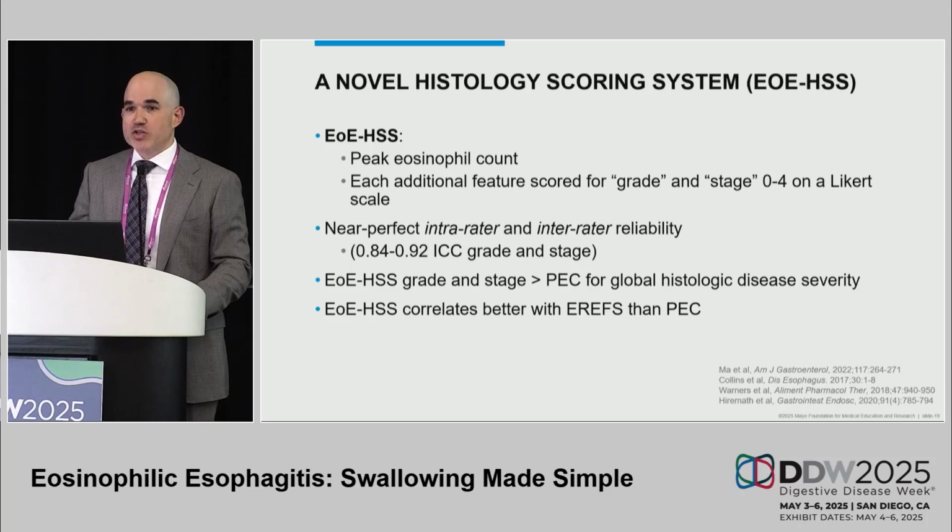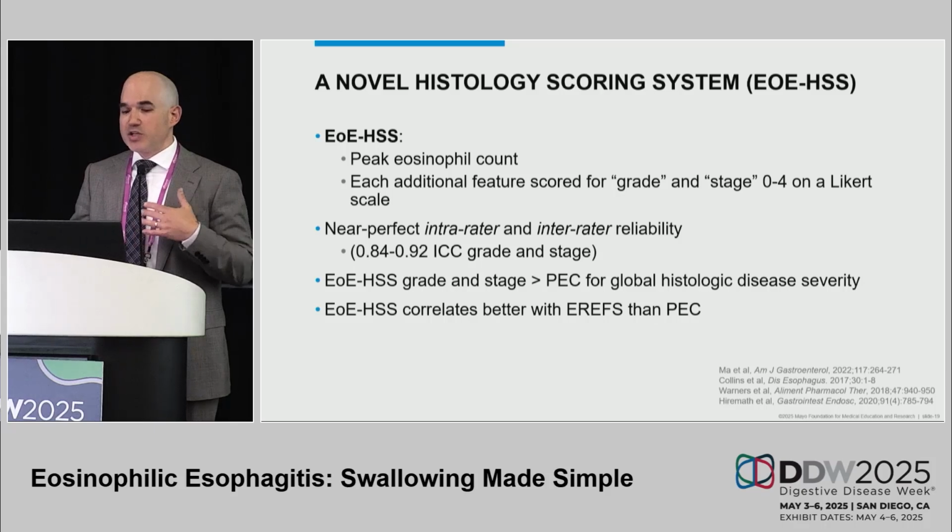So it better describes the global severity of the biopsies. And also correlates better with the EREF score, with the actual endoscopic features of the disease, than the peak eosinophil count. So overall, it seems like EOE HSS is adding some additional value. I don't think we quite know exactly where this is going to fit in, but I think peak eosinophil count clearly both under and overestimates disease.